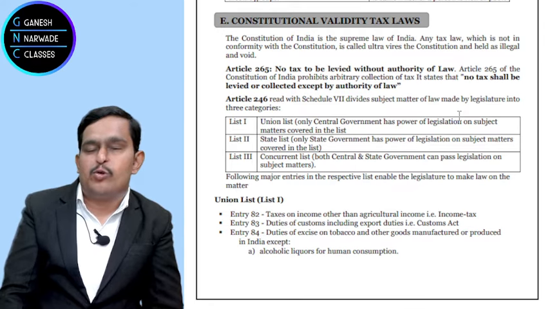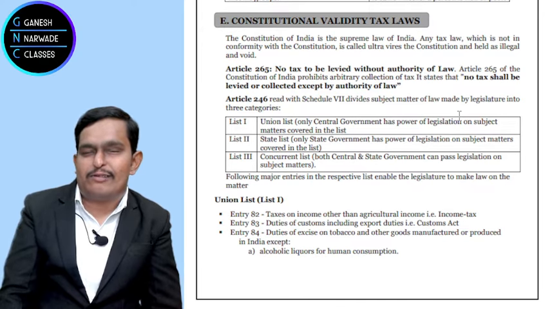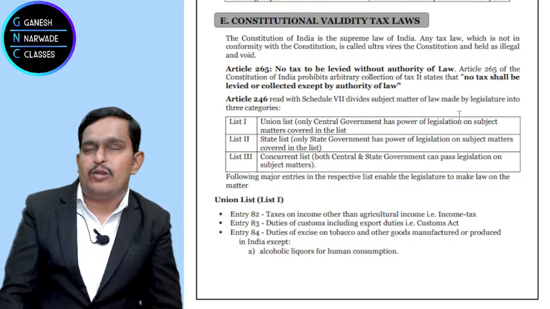Now, when two people are there, and if you don't have clear terms and conditions, what will happen? They will fight with each other, yes or no? So that's why in the constitution itself, Article 245 gave the power to the parliament and the state legislature to make the laws.